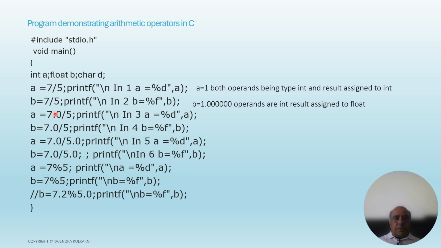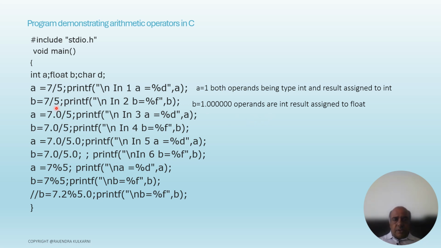In this second expression, b is a float variable to which we want to assign the result of the arithmetic expression 7 divided by 5.